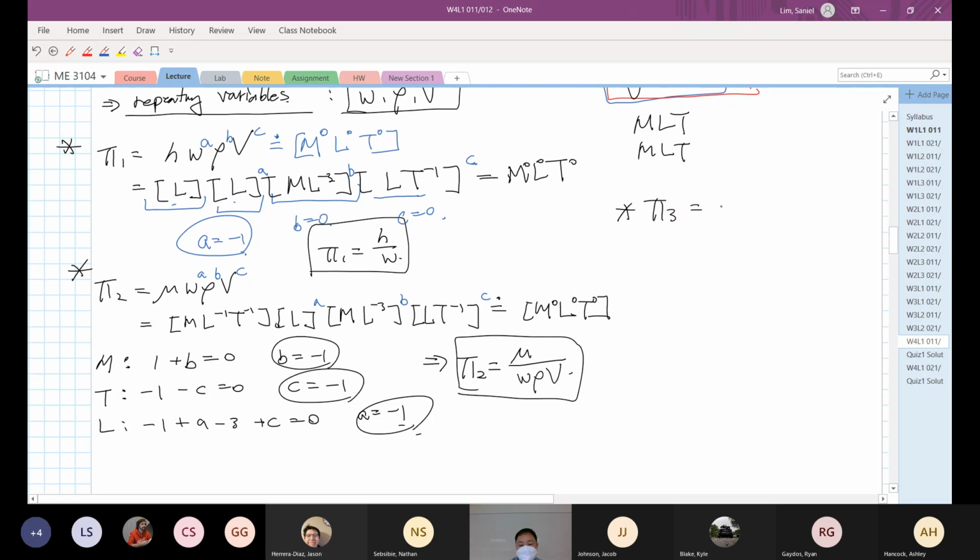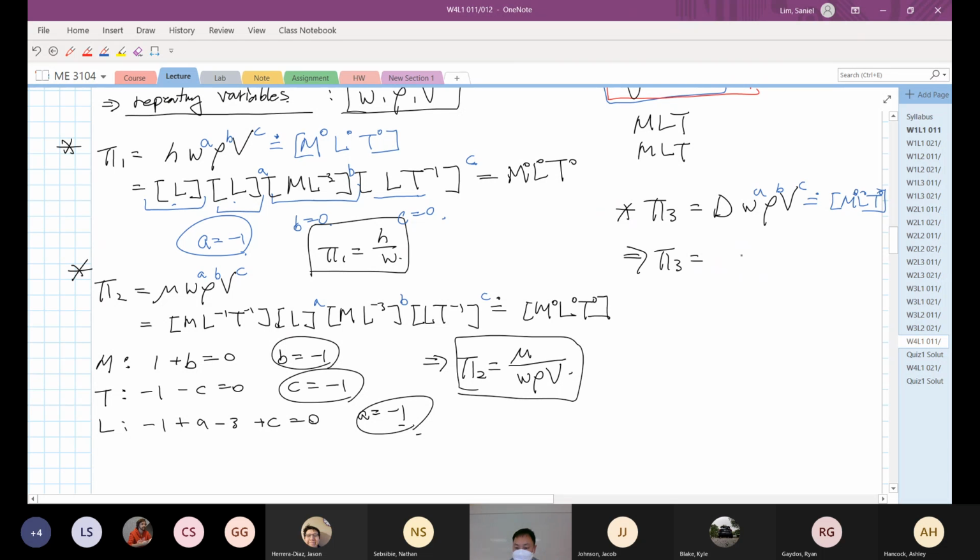Pi 3. Now finally, you can use the drag force, which is D, then W rho V to the A, B, C. Unit is going to be M L T 0, 0, 0. Then you can just do the same thing, and you'll just find the pi.